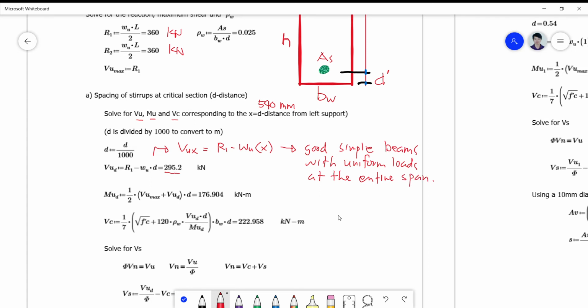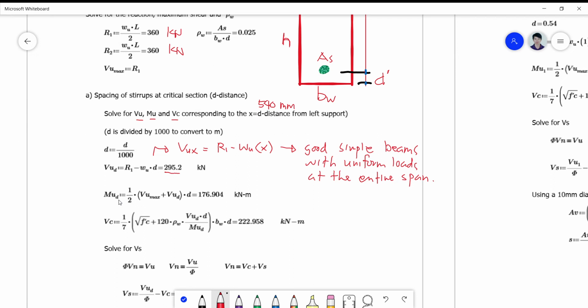For your MUD requirement, the area of the shear diagram will give you the moment at location D distance. Please bear in mind that the shear and moment diagram was a graph on our previous lecture, so we just look into the shear and moment diagram to get the formula for MUD.